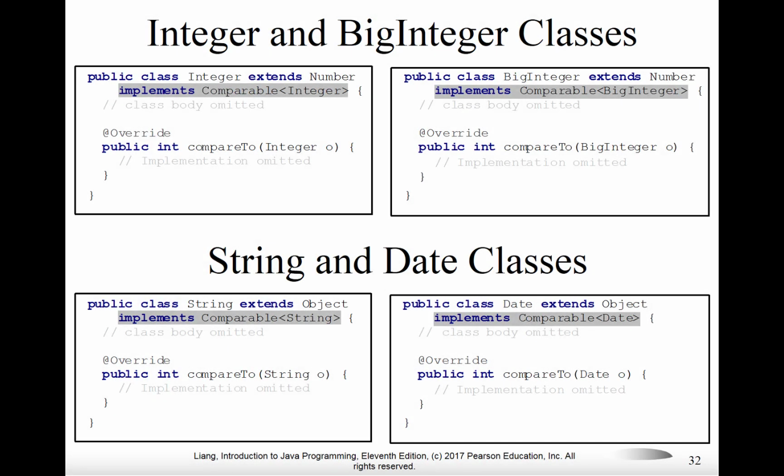Of all those classes on the previous slide that implement the comparable interface, we're now going to look at a few of them, 4 to be precise, and show how they actually do this syntactically.